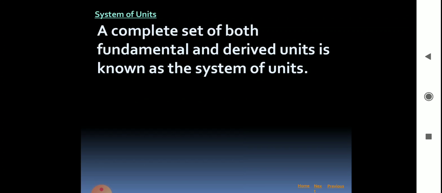Now let us study a system of units. A complete set of both fundamental and derived units is known as a system of units. Fundamental and derived units together form a system of units.